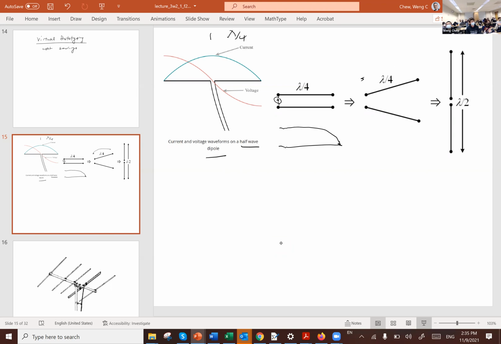Maximum at the place where you drive the antenna, but going to zero at the end. Even if you open it up, the current distribution is going to look like this. Okay. So we use the transmission line intuition to infer that the current distribution on this antenna looks like that of the transmission line. Any question on that?